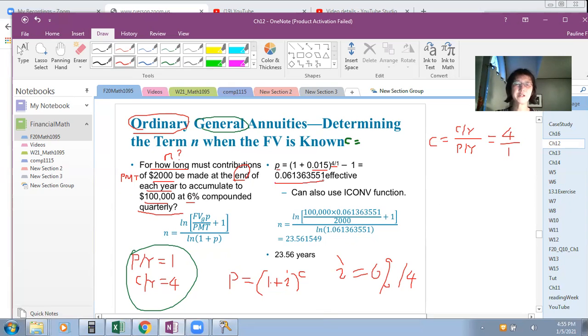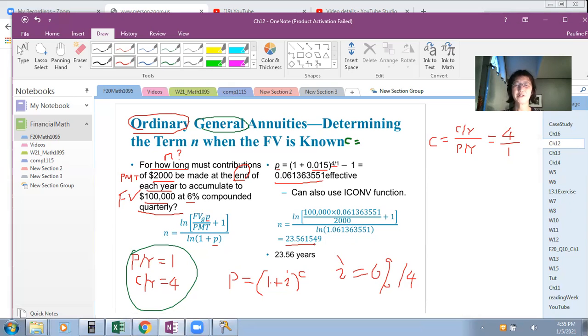And once you get P, plug in P here, P here, and FV, future value is given. So FV is 100,000. Okay, and you can figure out the term N. So this is a formula method.